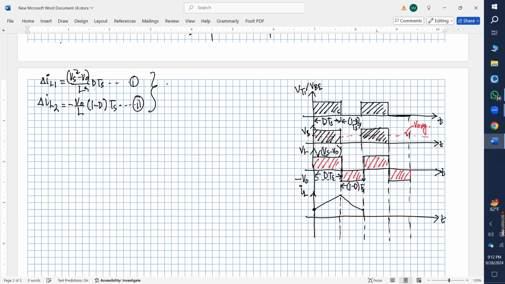Because one of our assumptions was that IL(T plus T) equals IL(T), because we assume that in steady state, our inductor current will be periodic, right?